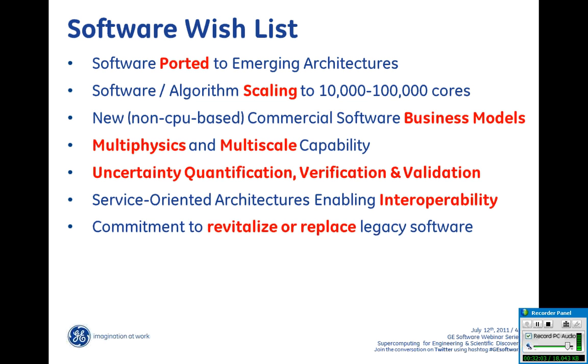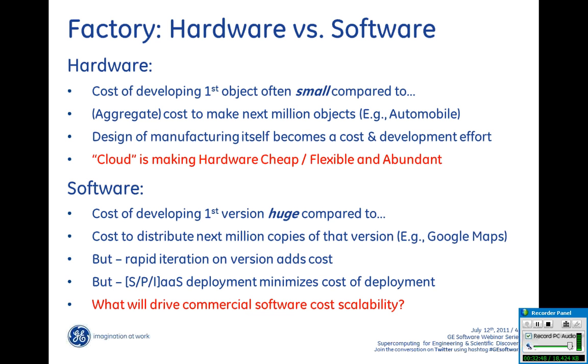So if I had a wish list, I'd like to see the software that we're using be ported to emerging architectures, scale to hundreds of thousands of cores, have a non-CPU-based way of being purchased and supported, address multiphysics and multiscale, as I said there, be able to quantify the uncertainty for the results, have a mechanism for verification and validation of those models, and interoperate with each other, and then have the company be interested in replacing the legacy software where appropriate with such software, and that's our vantage point at present.